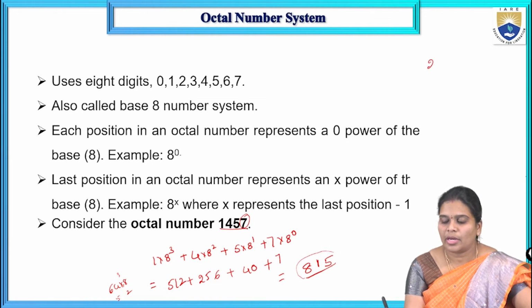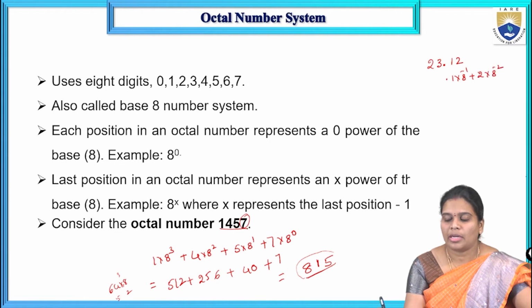For example, we are taking another number, 23.12. On the right side of the point we are taking 2 values, and on the left side of the point we are taking 2 values. The values on the right side are multiplied with the base value to the power minus 1. So 1 into 8 power minus 1 plus 2 into 8 power minus 2.